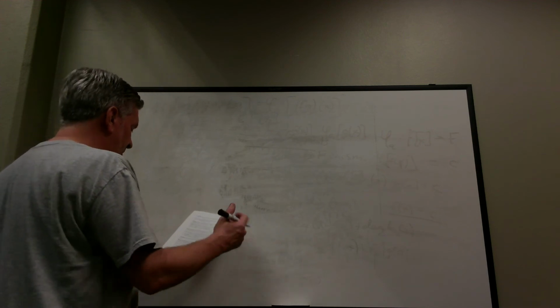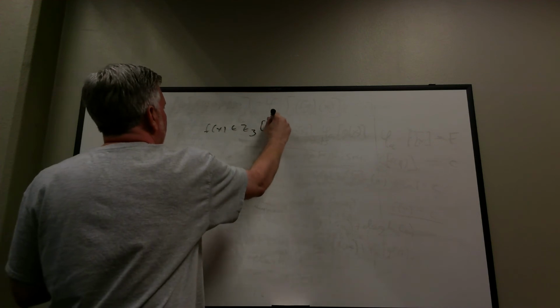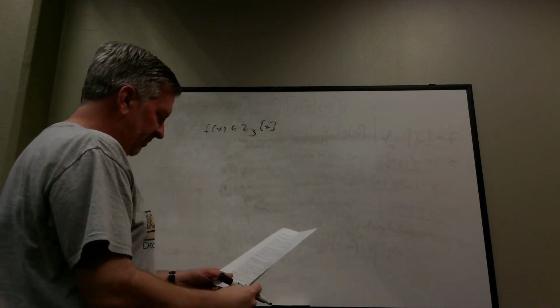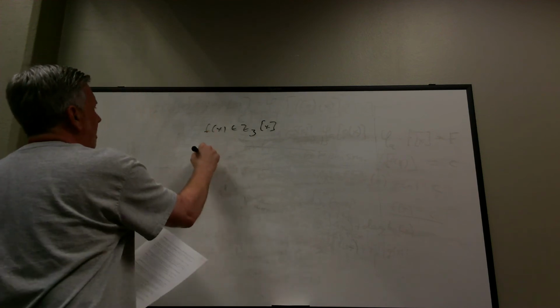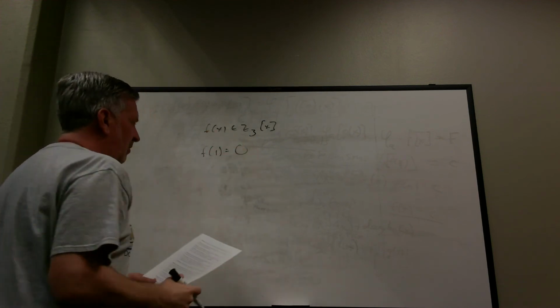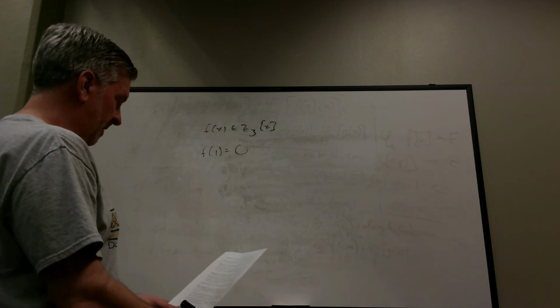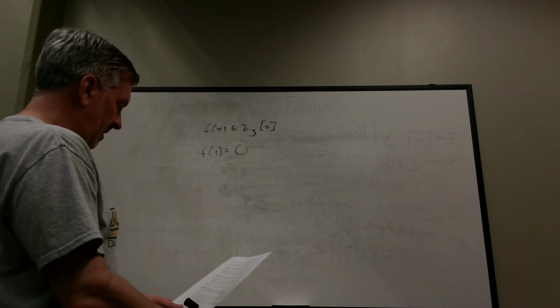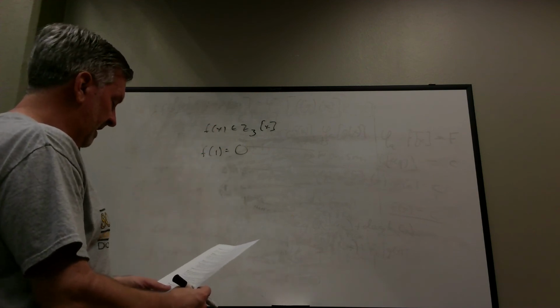So we have this polynomial, f of x in Z3[x]. Let me read it again. It's x to the 5th plus 2x to the 4th plus x cubed plus x squared plus 1. When you plug in 1, I get 0. And from the theorem up above, notice 1 is a root of that polynomial, so x minus 1 is a factor.